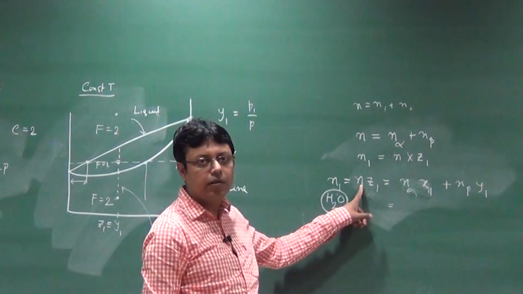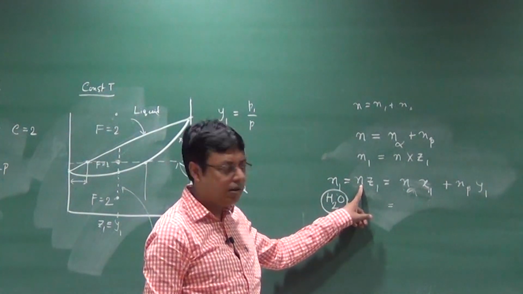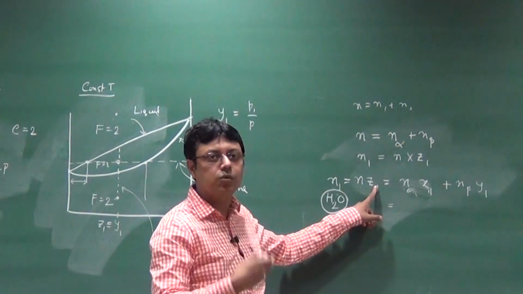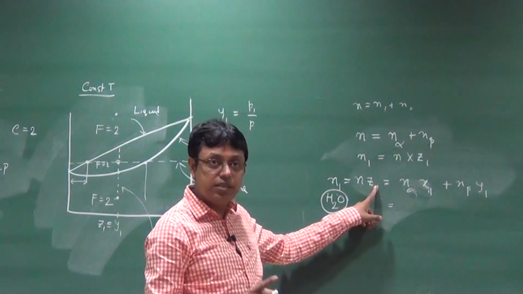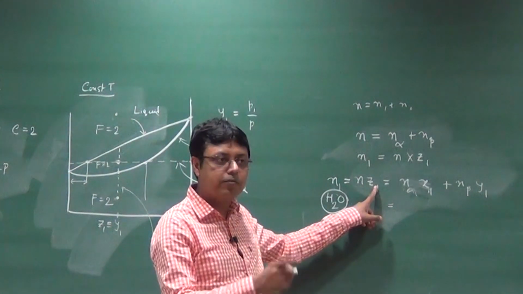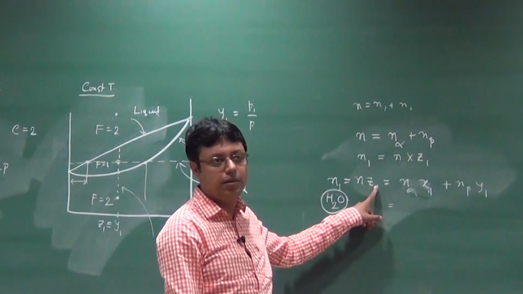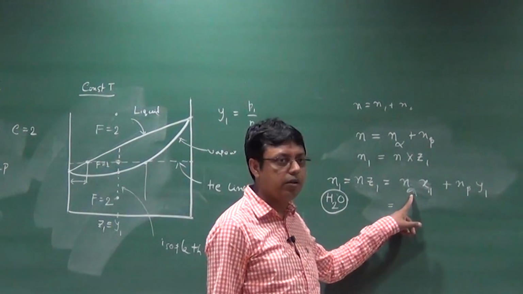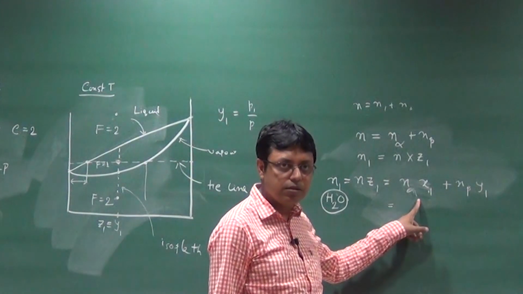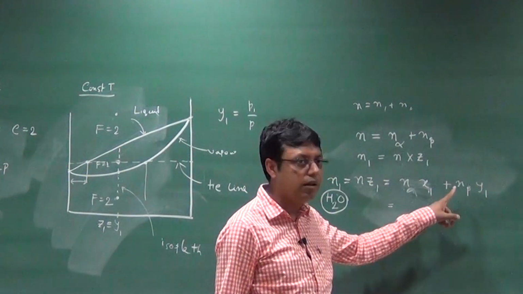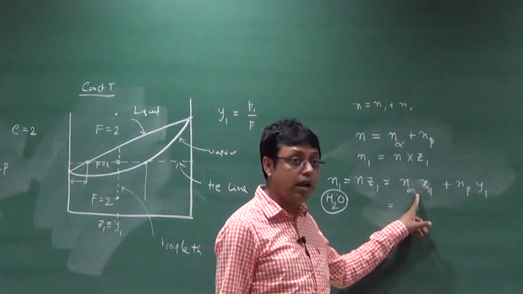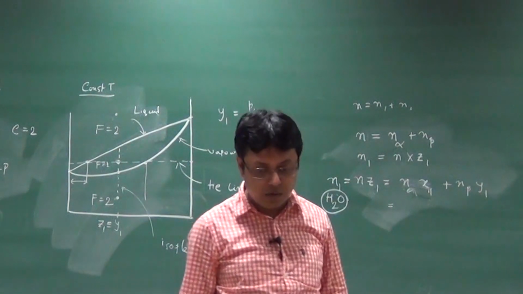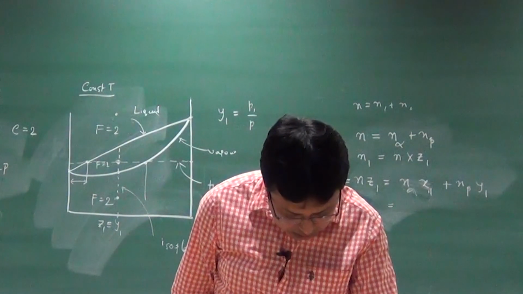It is the total of water and phenol together times water's overall mole fraction. That is the water in the alpha phase plus the water in the beta phase. I have written it in the alpha phase and in the beta phase. When I am taking the alpha phase, I am writing x1. When I am writing the beta phase, I am writing y1. Let me write the notation.